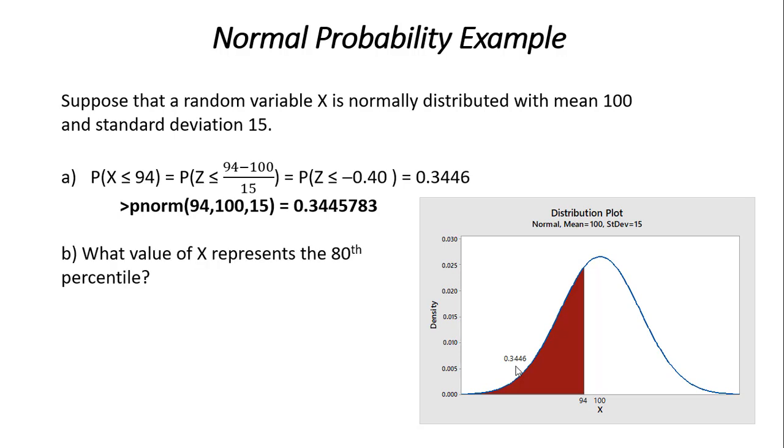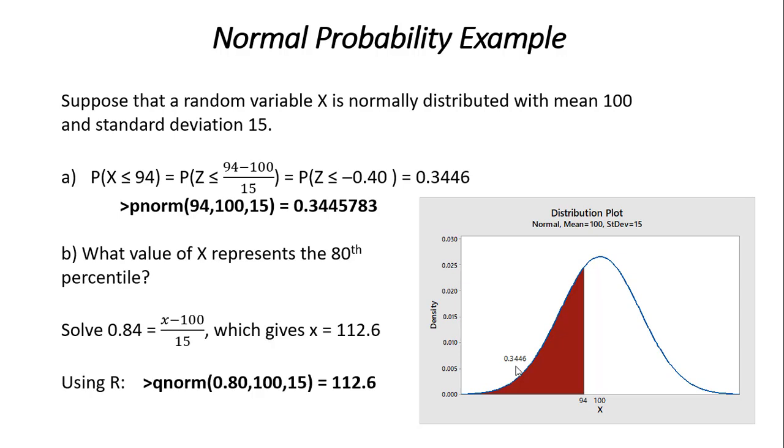Let's say we wanted a value of X that represents the 80th percentile. Here are two ways to get it. We could solve this. The 80th percentile gives us a z value of 0.84.